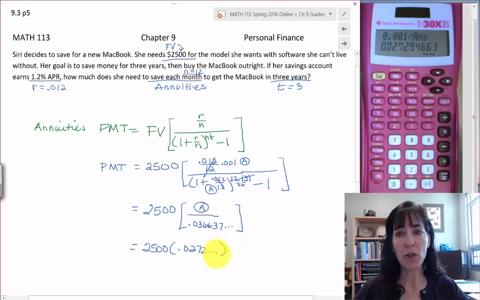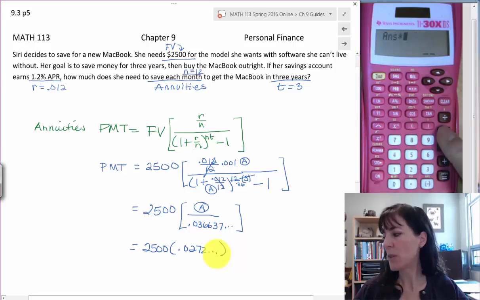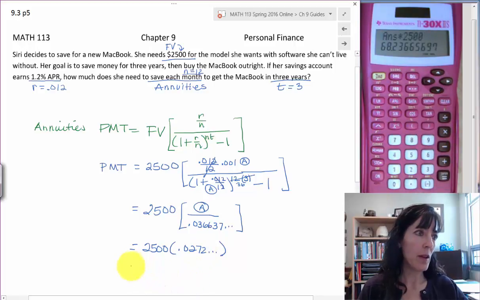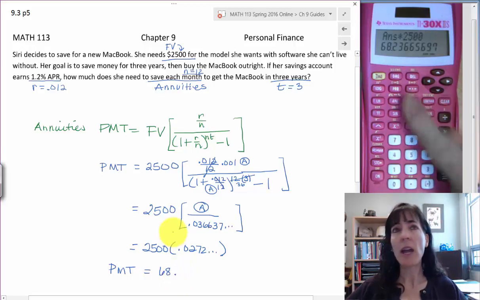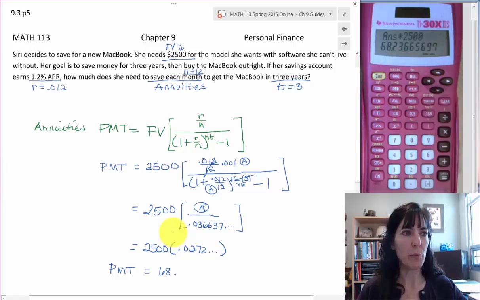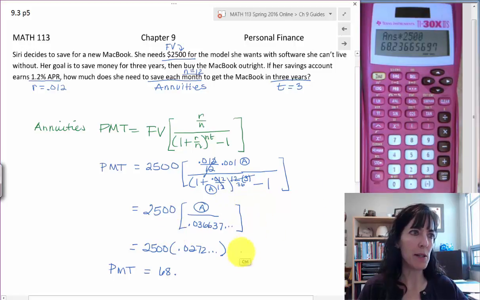And to do this calculation, of course, just times 2,500 equals, and now I have payment equals $68. It should be money, and I can see that I want to round to where there's a 3, but the next digit is a 6, so I'm going to have to bump that up to 24 cents instead of 23 cents.